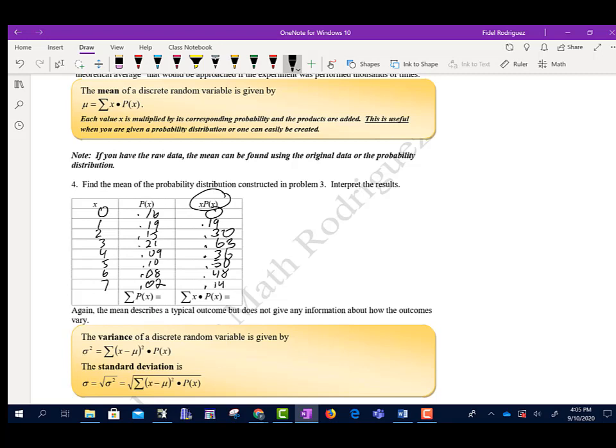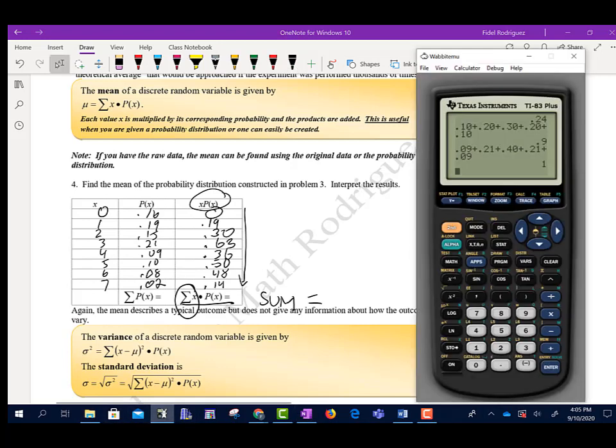Okay. Now what I'm going to do now, guys, remember what this symbol means? That little funny looking E means we're going to find the sum. We're going to add them together. Okie dokie artichoke. Let me grab my calculator again. Clear it out.